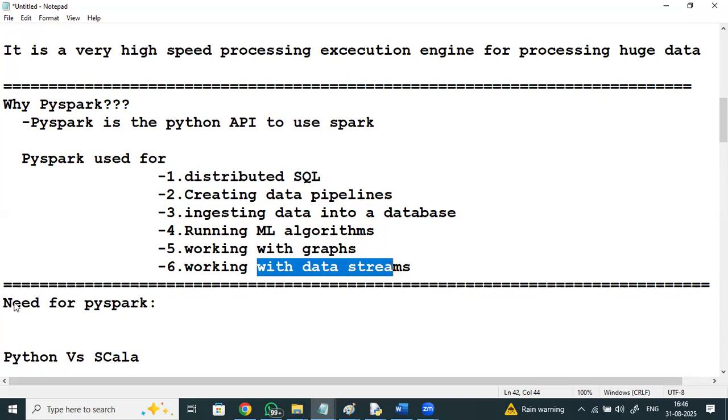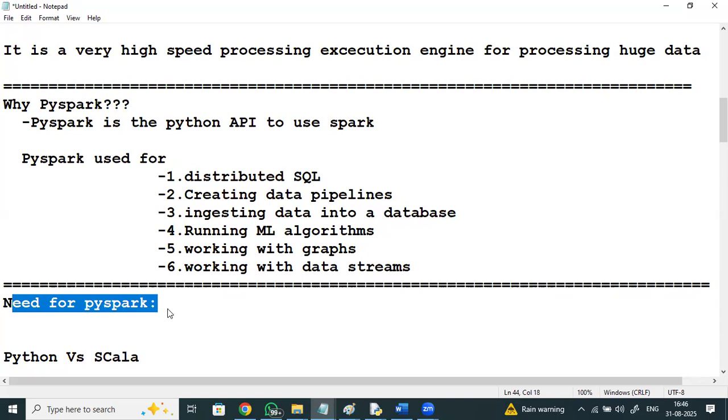Need for PySpark. What is the necessity for PySpark? A large amount of data is being generated offline and online. This data contains hidden patterns, unknown correlations, market trends, customer preferences, and other useful information. It is necessary to extract valuable information from the raw data.